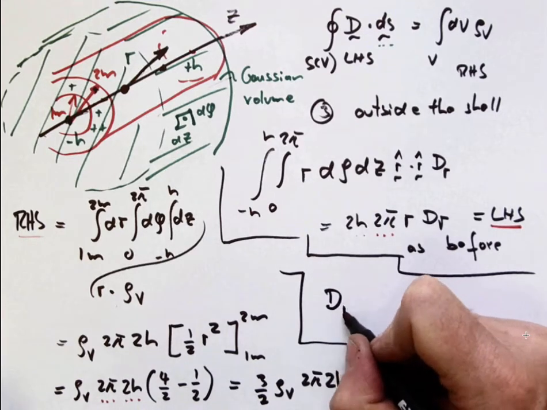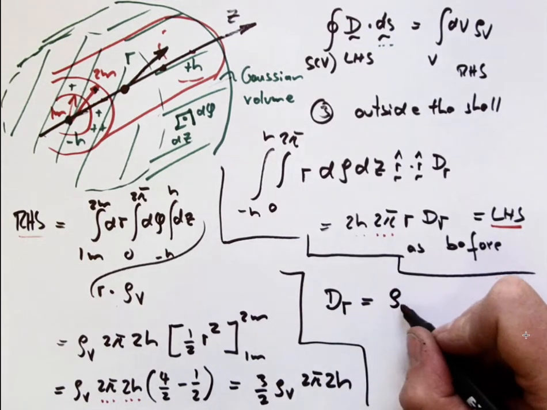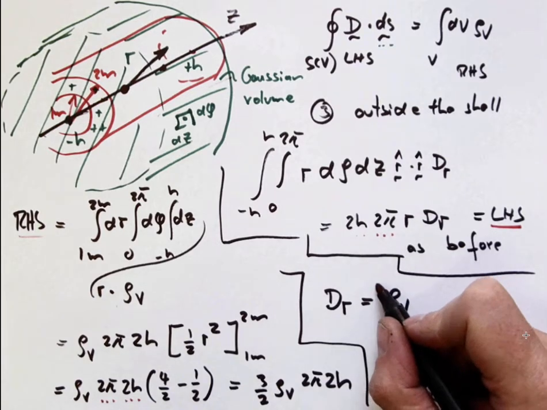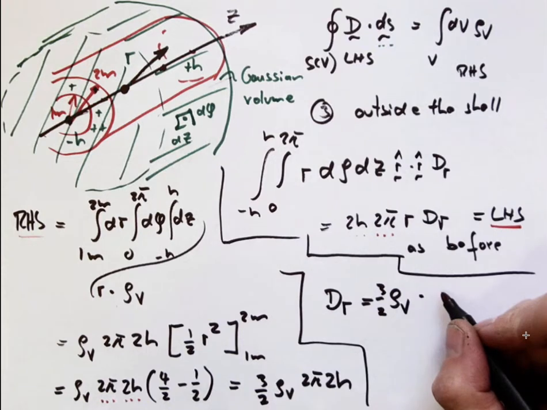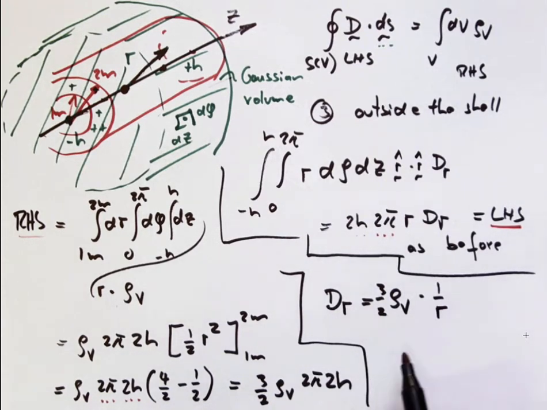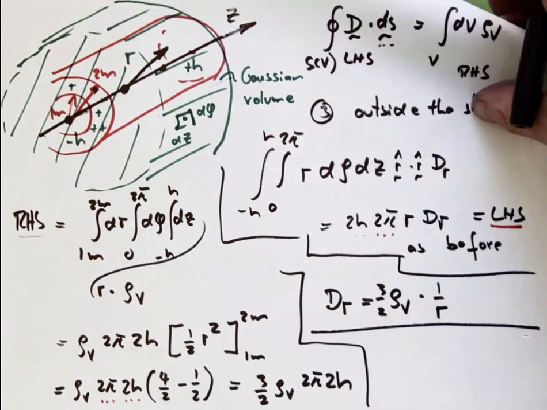So Dr is equal to this divided by that. So it's equal to 3/2 rho v times 1 on r.